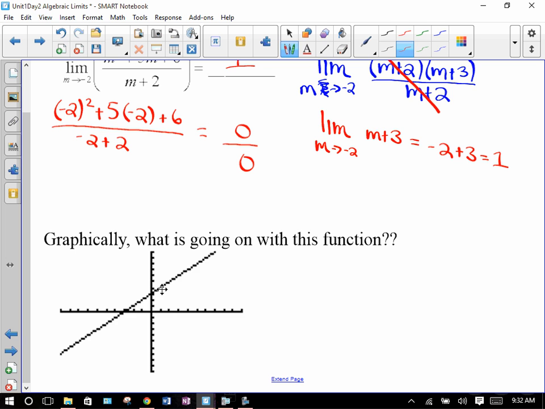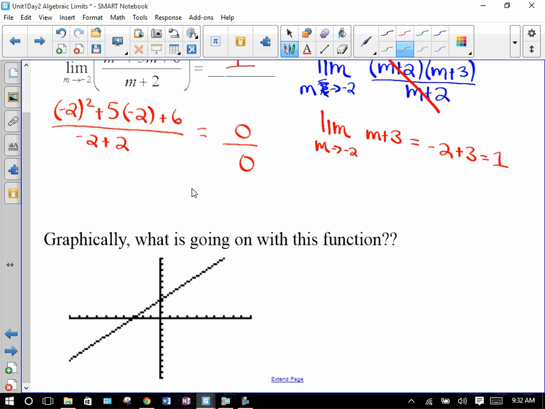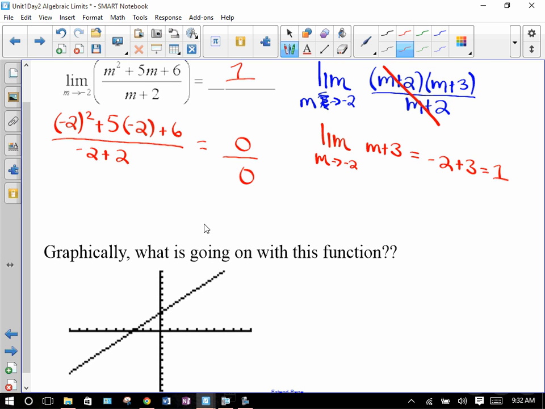So this is the graph of that function. What's happening is that at -2, you can't see it, but there's actually a small hole there at -2. Our calculator doesn't allow us to see it because the hole has no dimension. It's just a little point.